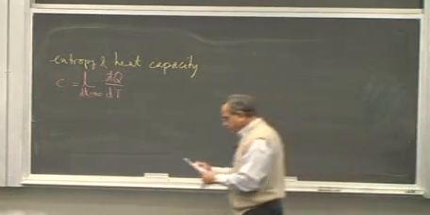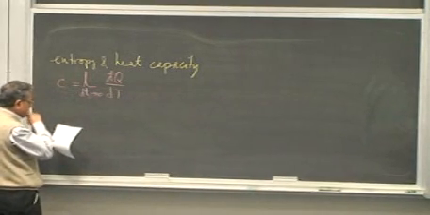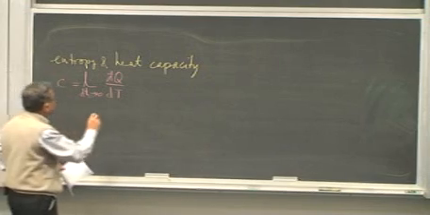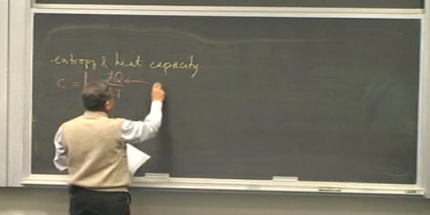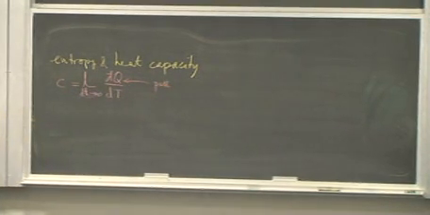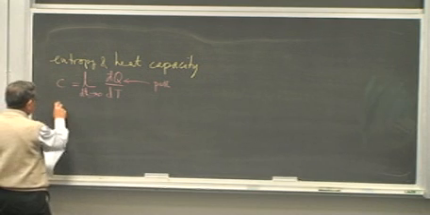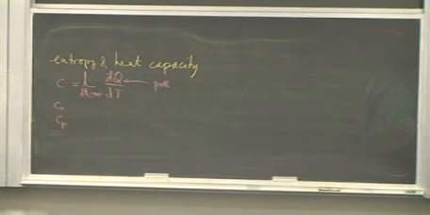And when you try and calculate this, the path becomes very important, in which we notice that there is CV and there is CP, at constant volume and constant pressure.